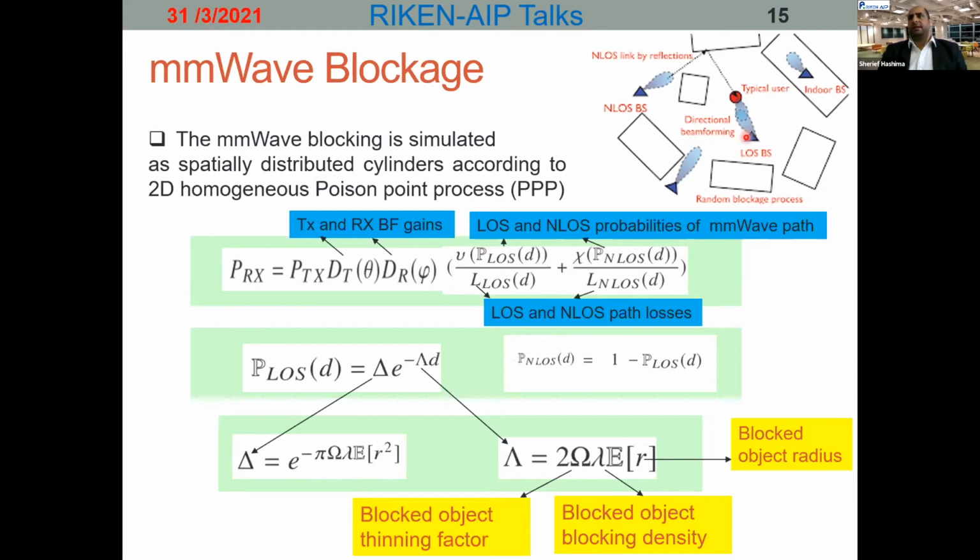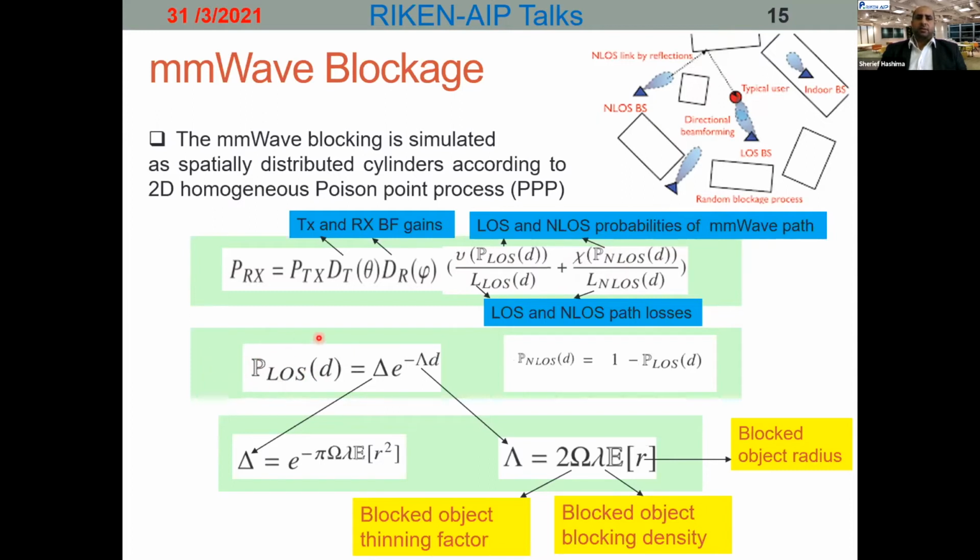The line of sight is the direct communication between the transmitter and receiver devices, and the non-line of sight is the reflection due to blocking objects. Here, the blockage is modeled as Bernoulli random variables.